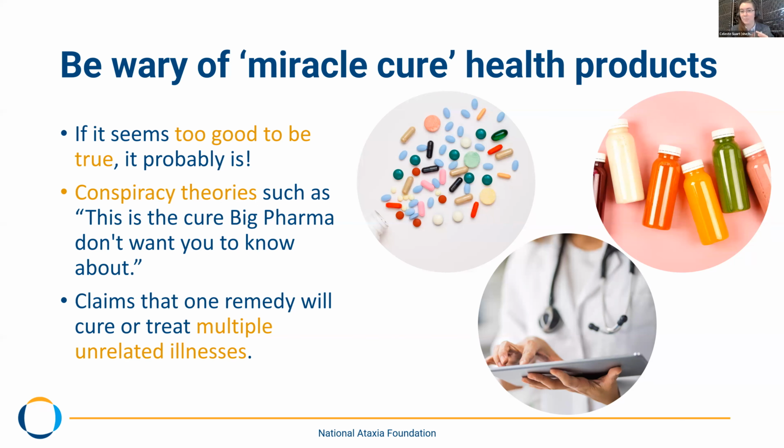So something like this will help with ataxia and diabetes and rheumatoid arthritis, which don't really have a connection in terms of what's happening in the body to cause these disorders. So again, one of those things to note in the back of your mind, think a little bit about, and put on your critical thinking cap to further examine things.